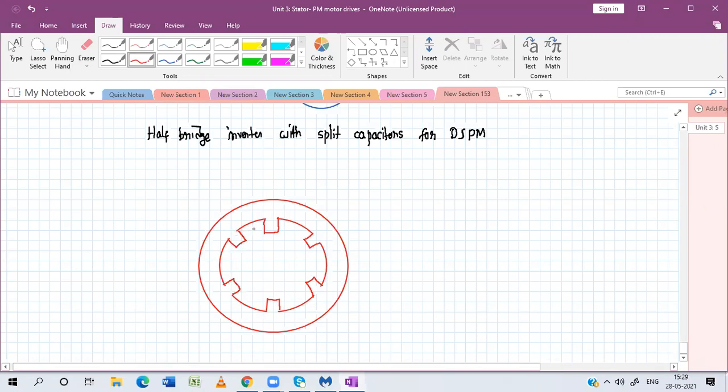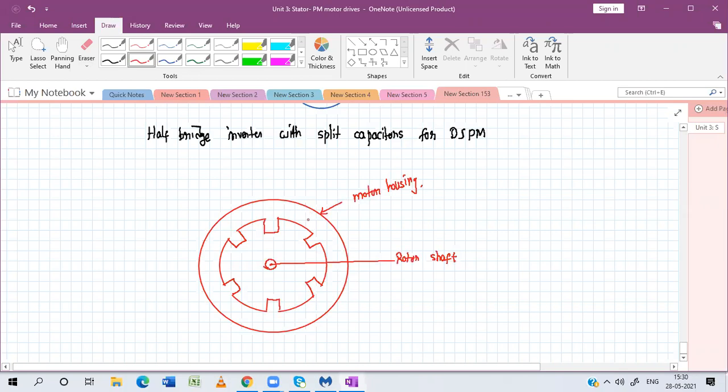Now consider that this is a motor housing, or we can say the stator. It is the outer body. Now here in this, consider this is a shaft. Inside there is a rotor shaft because we are putting a rotor inside. So this is a rotor shaft.